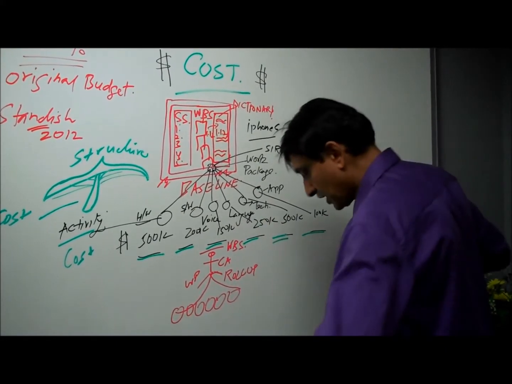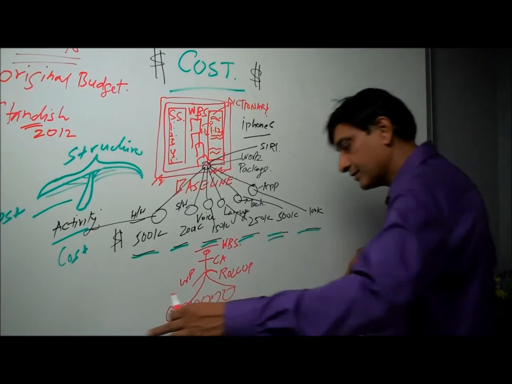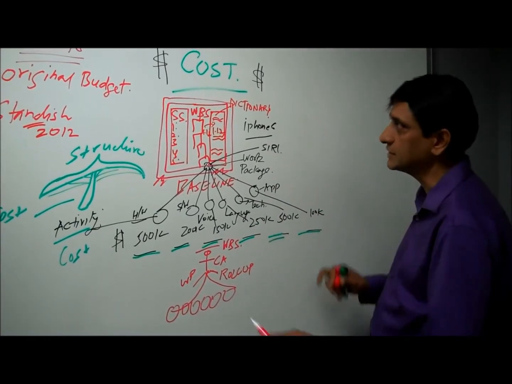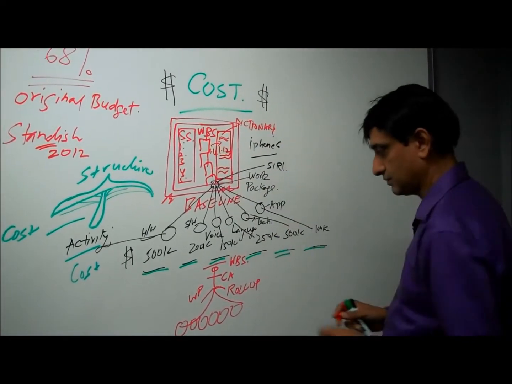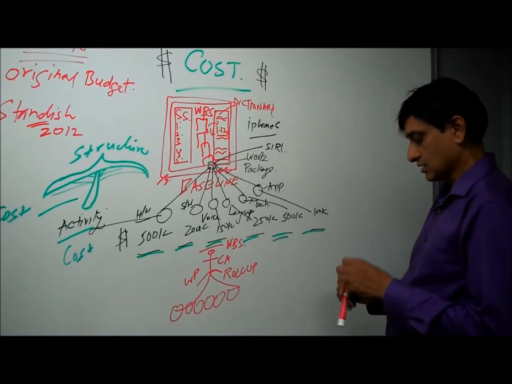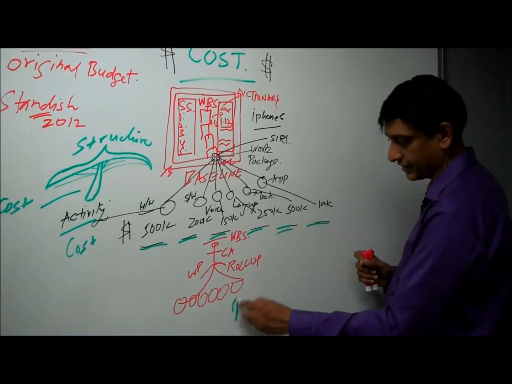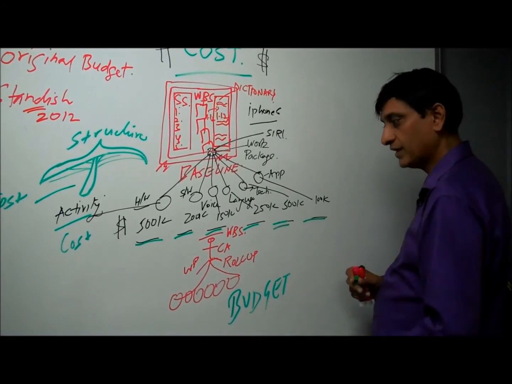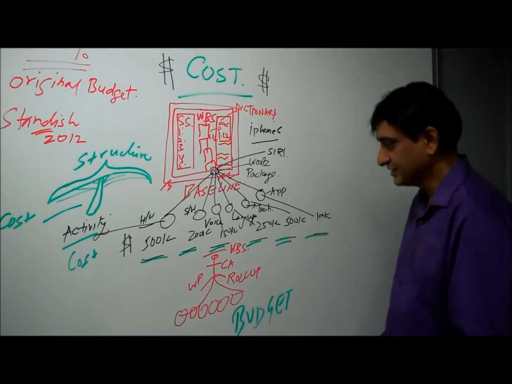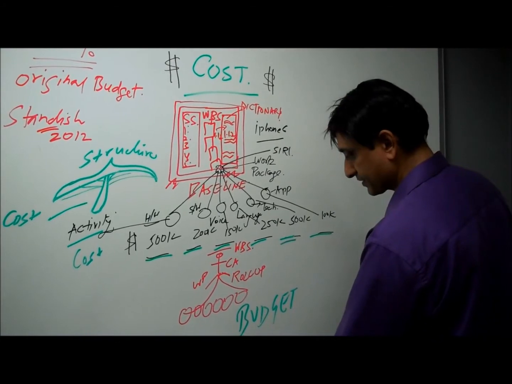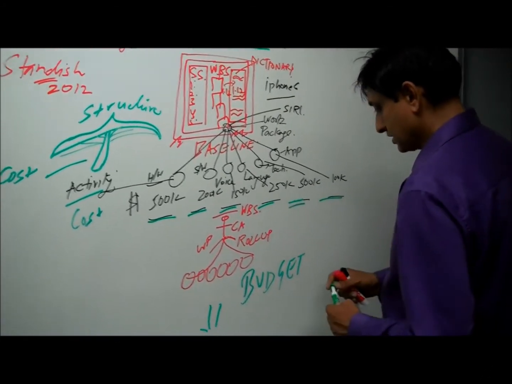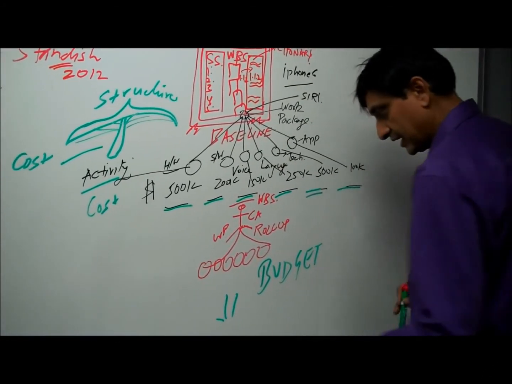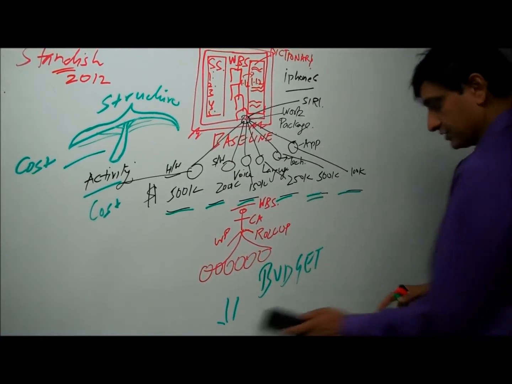This process of rolling up, a bottoms-up approach, helps in coming up with the total cost of the project, and then we go and get it signed. It's called aggregation, and what we get out of it is a budget. Once we have the budget, we start thinking about getting it approved by the stakeholder.